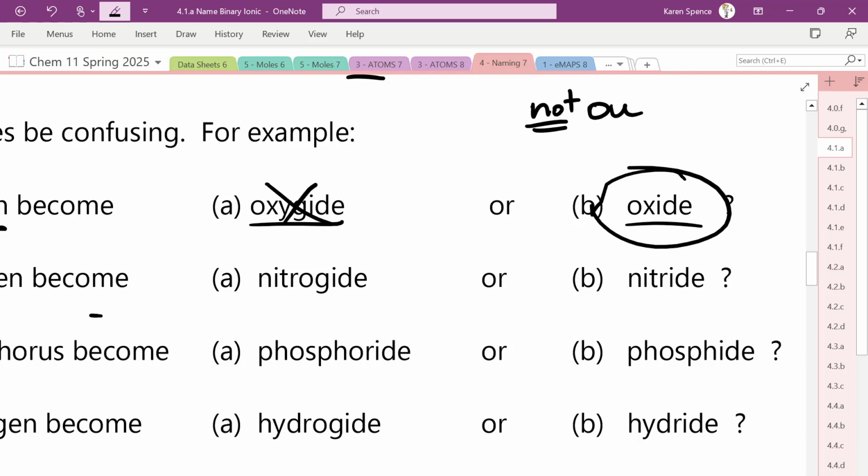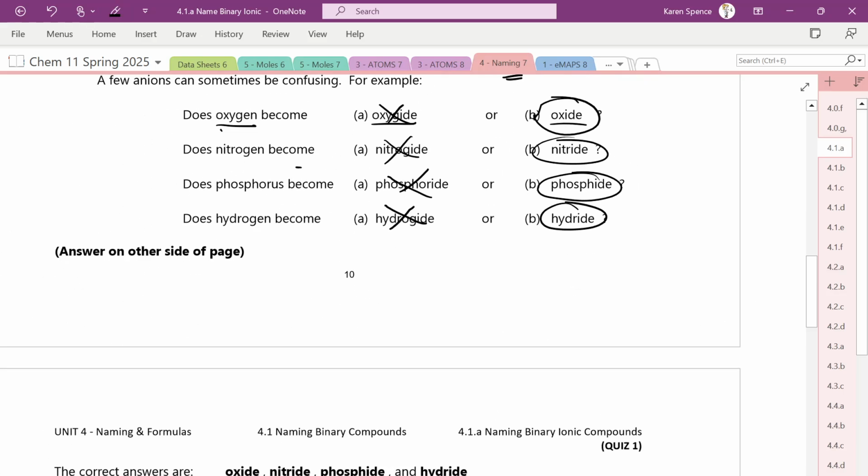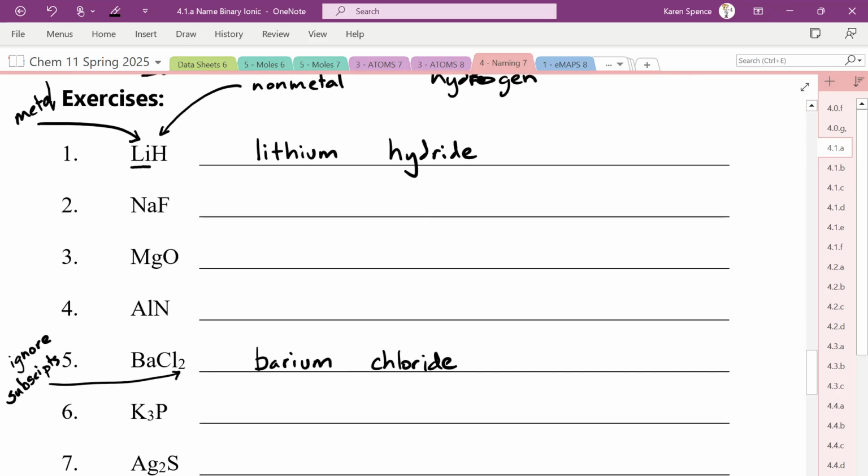Does nitrogen become nitrogide or nitride? Nitride. This is on page 8. Does phosphorus become phosphoride or phosphide? Phosphide. And hydrogen becomes hydrogide or hydride? Hydride. Okay? So tomorrow, you're going to get a quiz where basically you have 6 of these things.